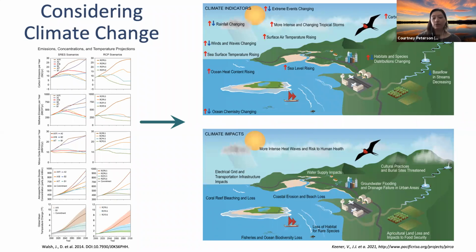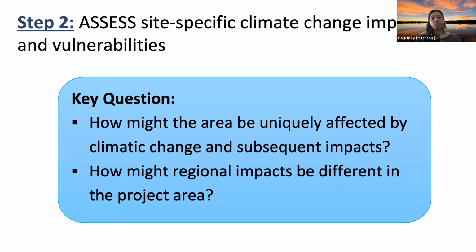So if it's for recreation or pasture lands, or really thinking about wildlife habitat or aesthetics, whatever your management values may be, using your values and your expertise to really assess how your site is going to be affected by climate change. And so in this step, we're going to be answering 2 main questions to really assess those site-specific climate change impacts and vulnerabilities.